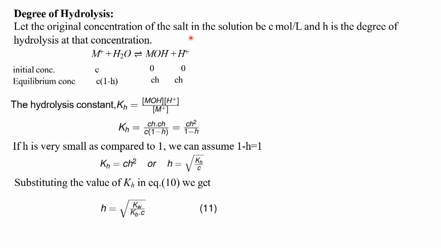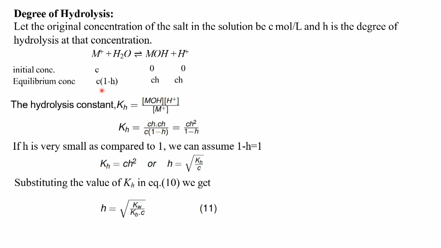Degree of hydrolysis. Let the original concentration of the salt in the solution be C moles per liter, like before. We will do a similar treatment here also. C moles per liter, and h is the degree of hydrolysis at that concentration. So M plus plus H2O gives MOH plus H plus. Initially the concentration of M plus is C, and the concentration of MOH is 0 and the concentration of H plus is 0.